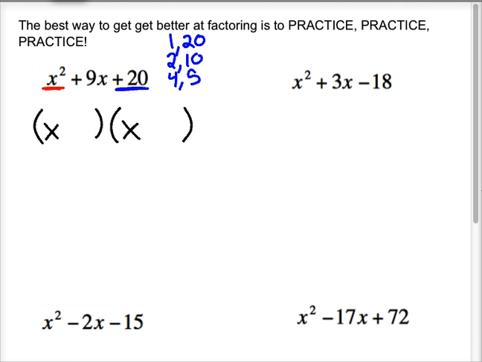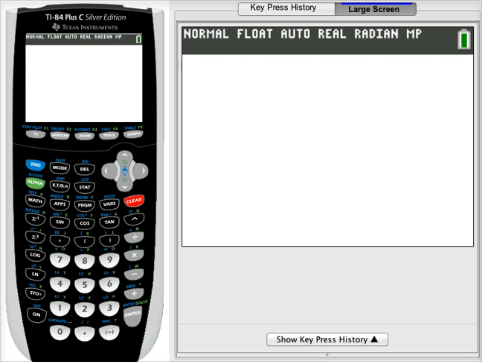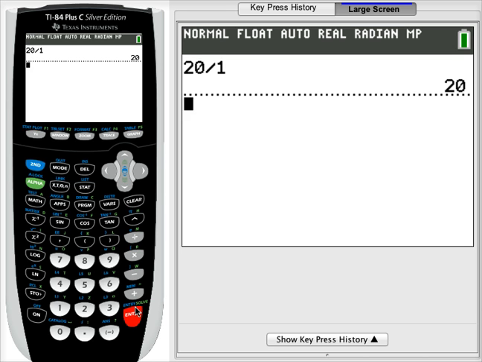So what I mean by that is just start at 1. So 20 divided by 1, well, of course that'll work. So 20 and 1. Well, what about 2? 2 gave me a whole number, so that means 2 times 10 works.